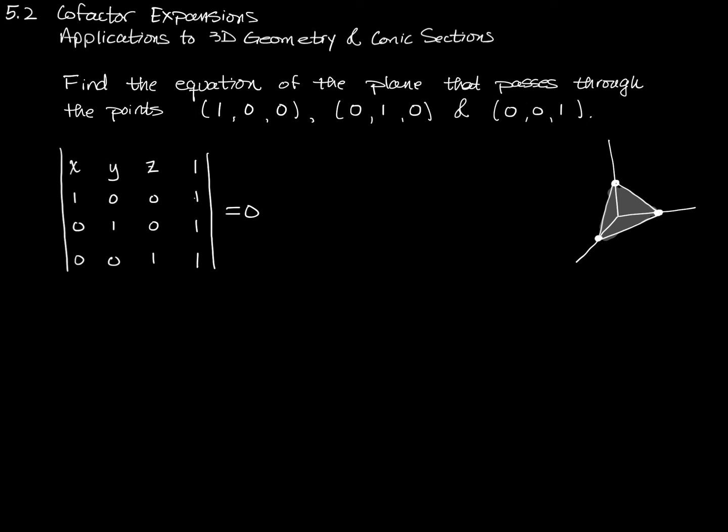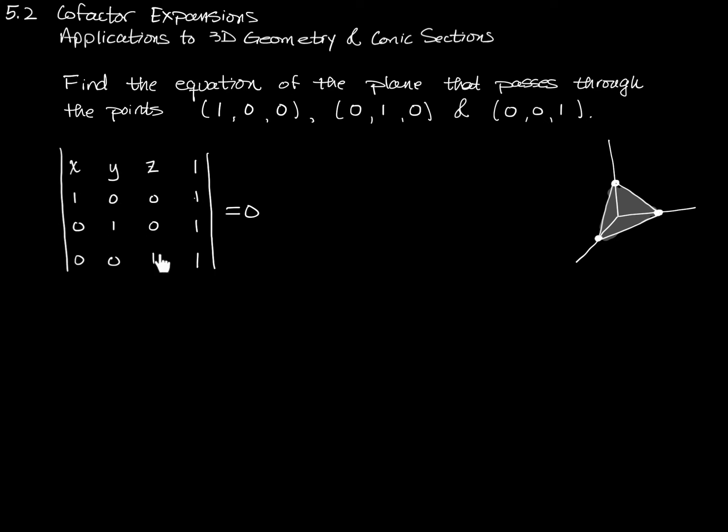I can do this a number of different ways, but I've noticed that every single row has at least 2 non-zero entries in it, and in fact, they all have 2 non-zero entries except for this one here. The good news is that those non-zero entries are 1, so we don't have to worry about scaling by anything. I could either choose one of these 3 rows, or I could use one of these 3 columns.